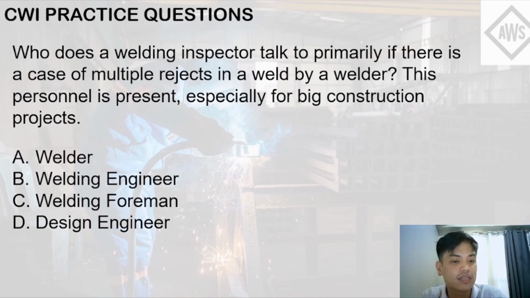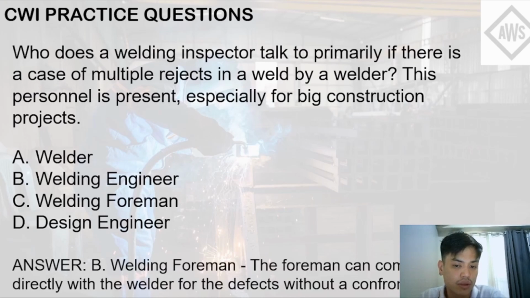Letter D, the design engineer, is responsible for creating the specification or the drawing that needs to be implemented during construction, the one referenced by the welder in welding the structures or components to build it. So the answer here is the welding foreman. The foreman can communicate directly with the welder about the defects without a confrontation.